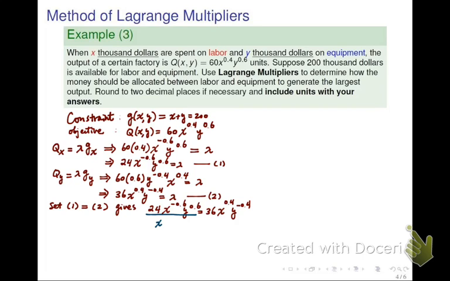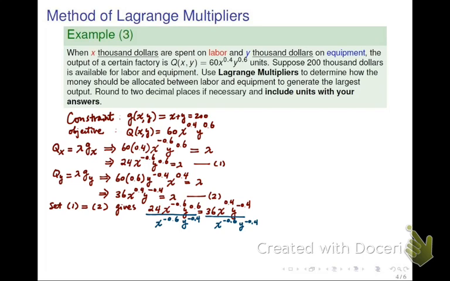So after thinking for a while, I'm going to divide the left-hand side by x raised to the negative 0.6 to get rid of it. On the right-hand side, I'm actually going to get rid of the y raised to the negative 0.4. So I'm going to divide both sides as well. So essentially, you're dividing by x to the negative 0.6 on both sides, as well as y raised to the negative 0.4 on both sides.